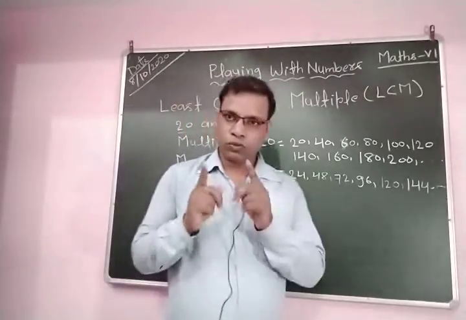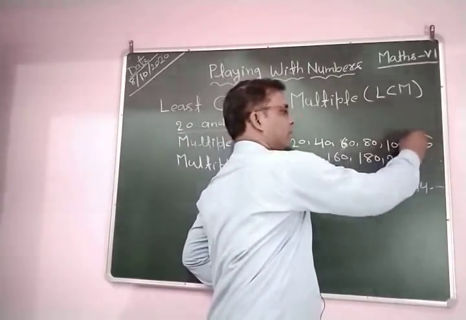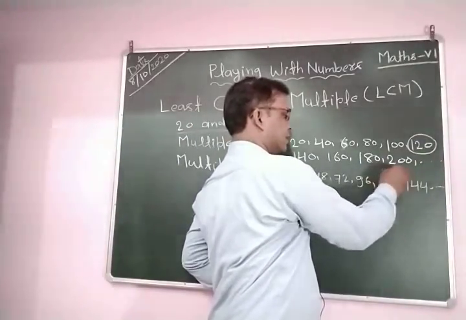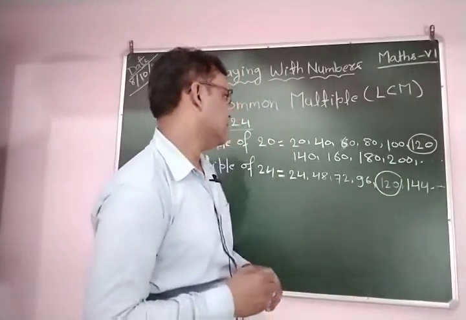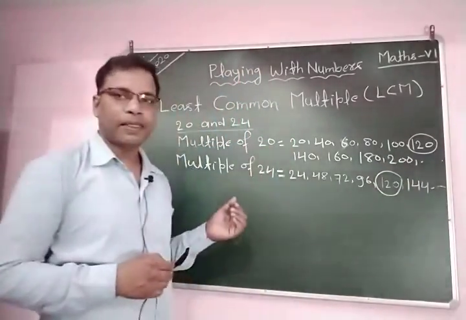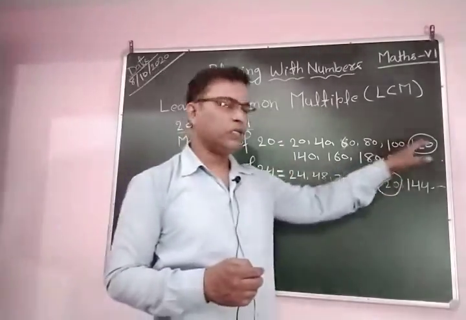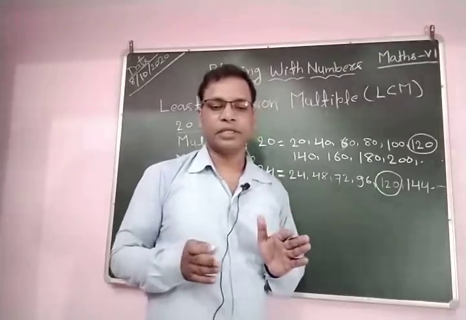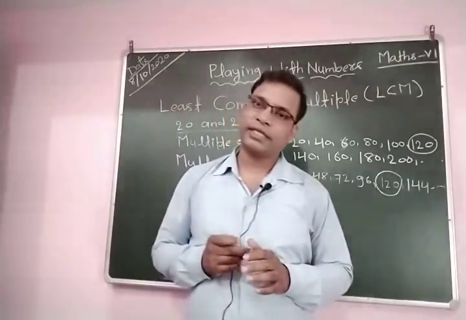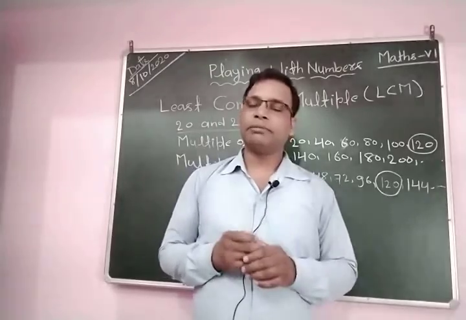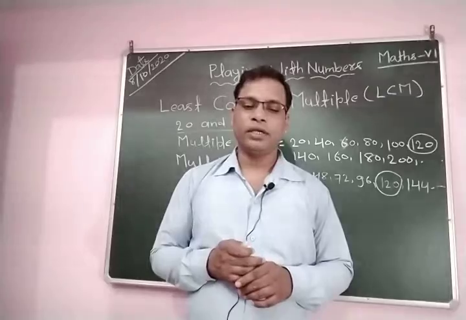But here we need the common multiple. Here you can see the common multiple between them is 120. The common multiple of 20 and 24 is 120. This is the least number, so the LCM of 20 and 24 is 120.